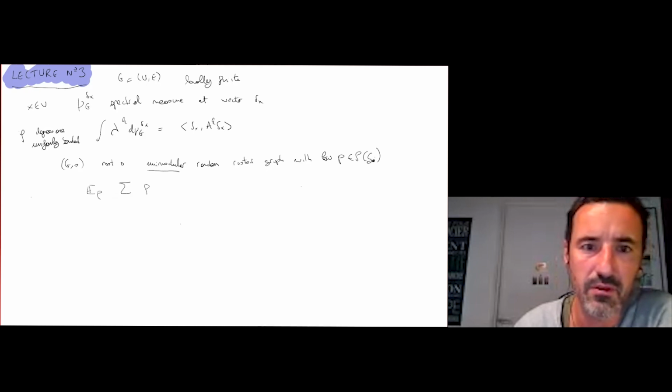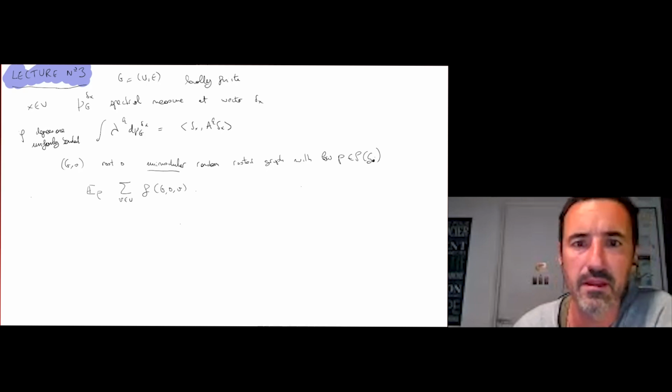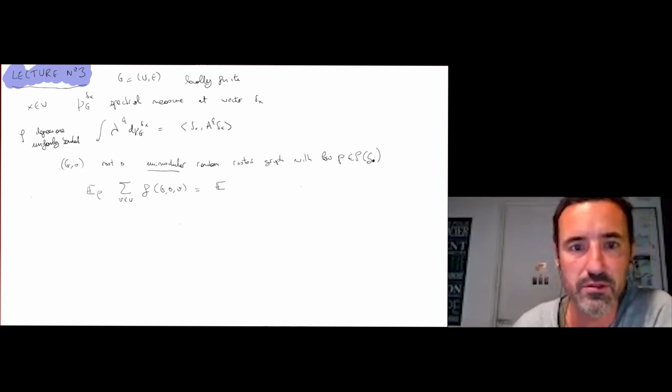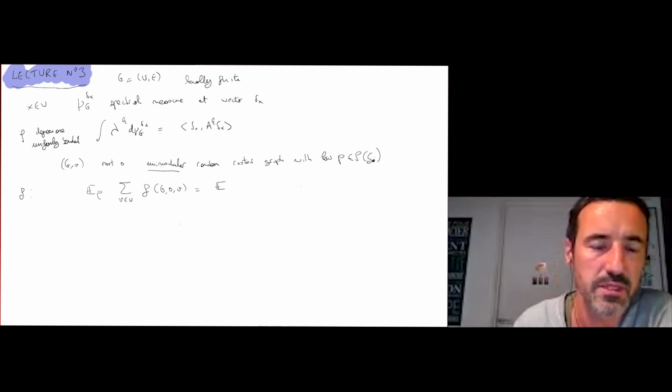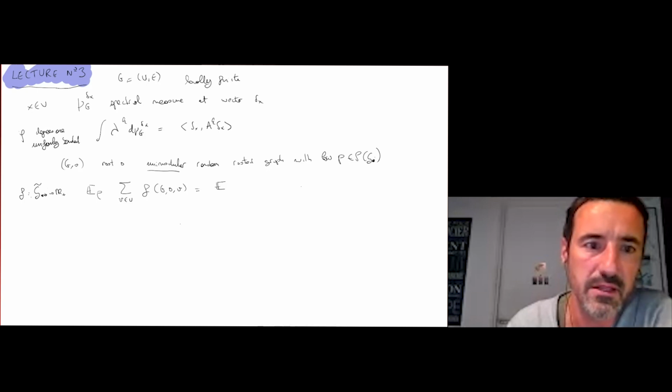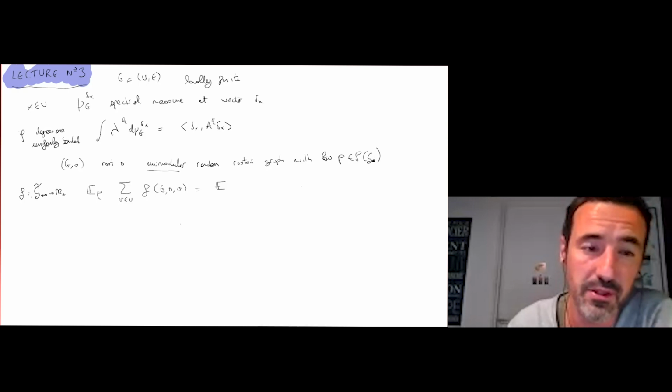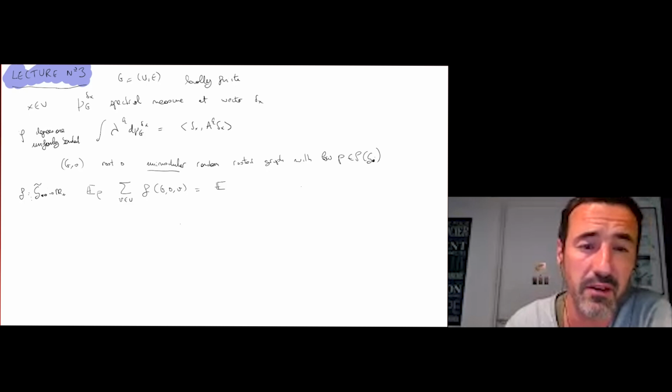It satisfies, for all functions where this makes sense, for example non-negative functions, such that the expectation of the sum over the function f, which lives on unlabeled doubly rooted graphs, graphs with two roots.